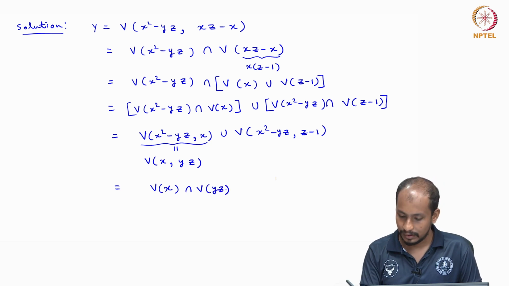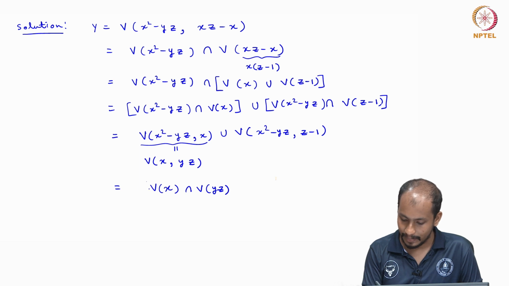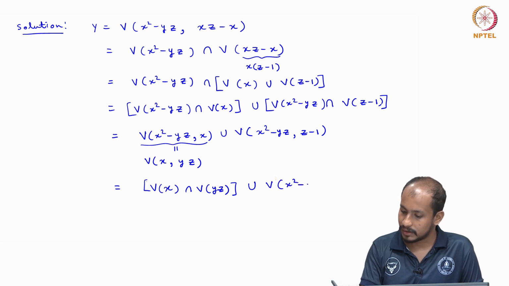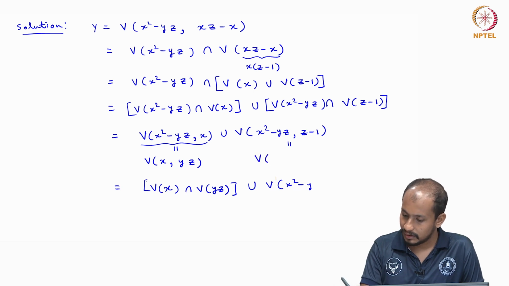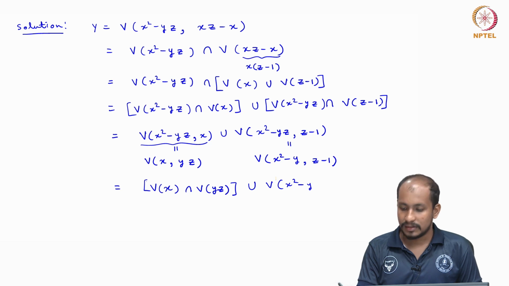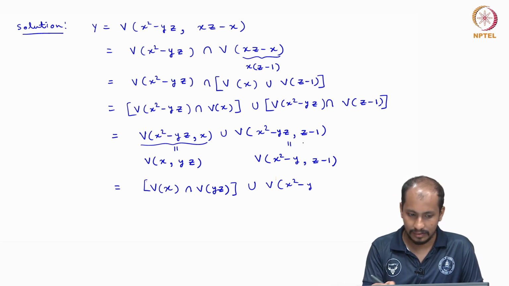Okay. So now this thing, union V(x squared minus yz, z minus 1), we can also write as V(x squared minus y, z minus 1). You have to verify that these two are equal; this is easy to see.